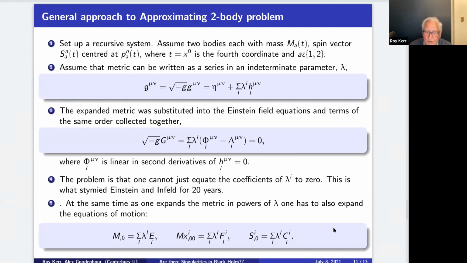What you have to do is simultaneously solve for the mass equations and the accelerations and the spin equations. You can then get an approximate solution of these equations in each order if you do that. Okay, next slide, please.